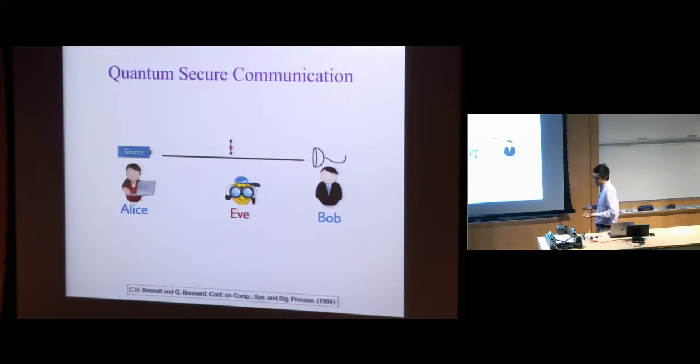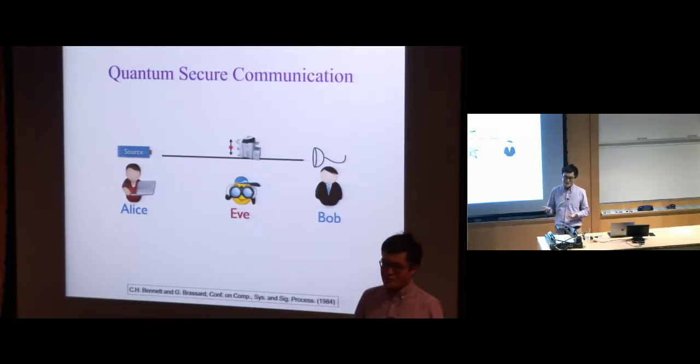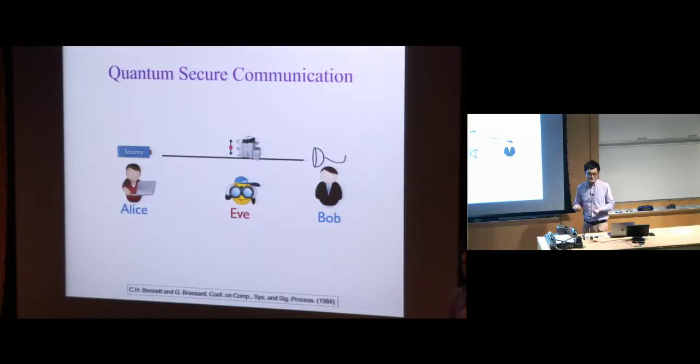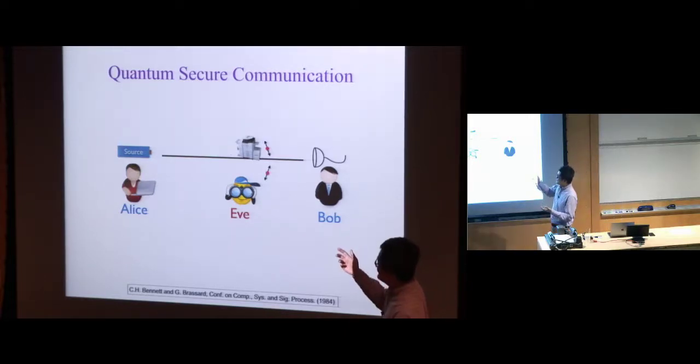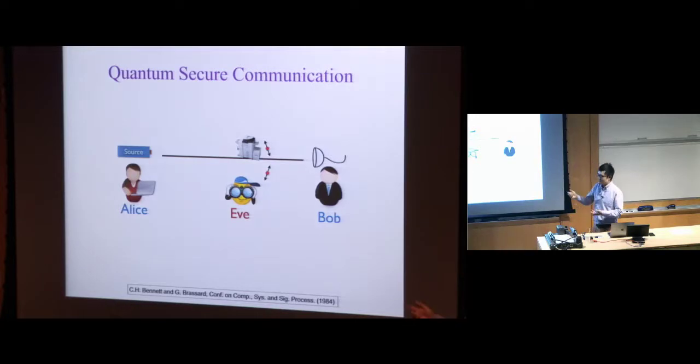If Eve wants to know what that state is, she must duplicate a copy of that state. But the no-cloning theorem prevents Eve from getting two perfect copies without introducing distortion. Here you see, Eve would get two copies. She retains one and sends the other one to Bob, but both copies are distorted from the original state.